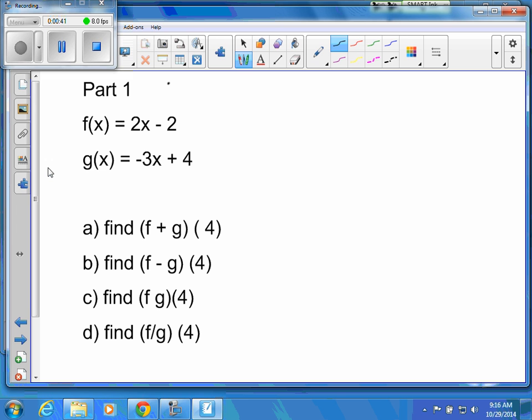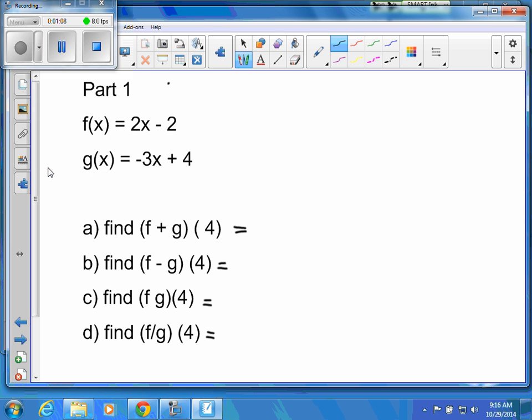So, part 1, they're going to give you f of x equals 2x minus 2, g of x equals negative 3x plus 4. We're going to find f plus g, f minus g, f times g, and f divided by g of 4. So, the first thing I'm going to do on all of these is I'm going to add first.